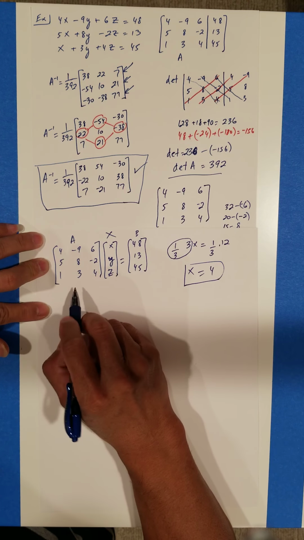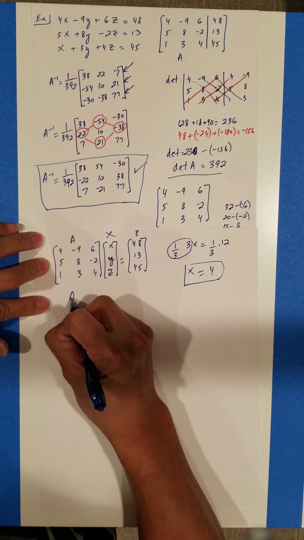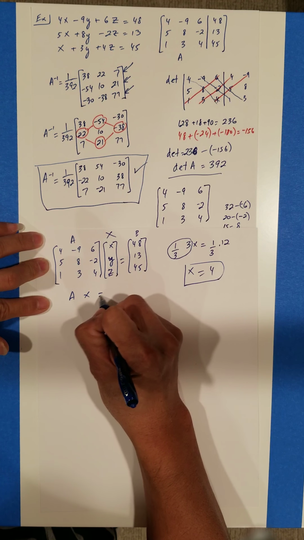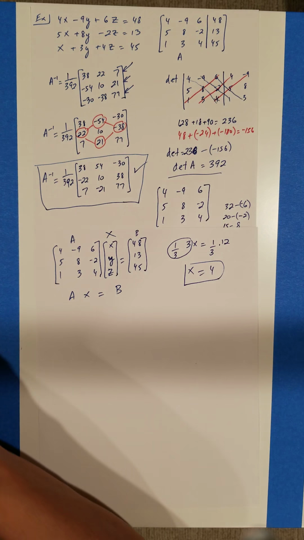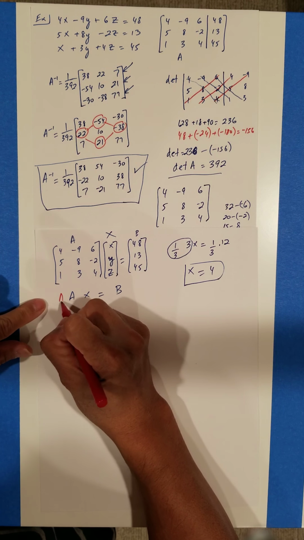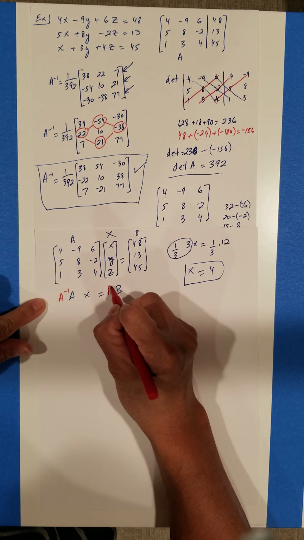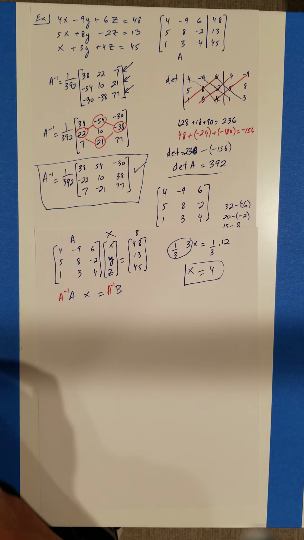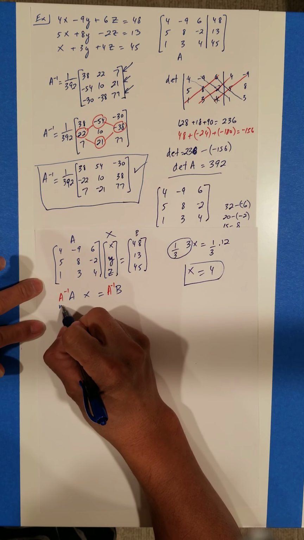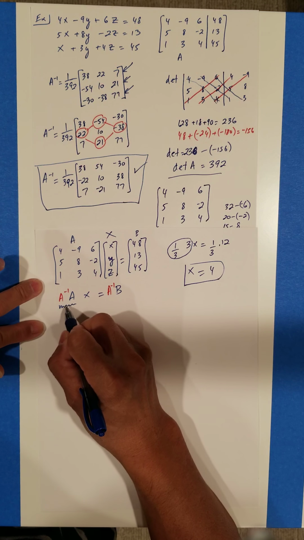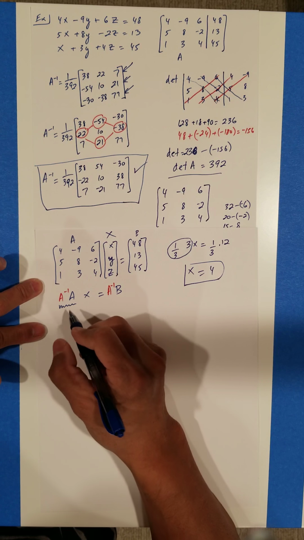So here's my original. What I'm going to do is multiply the inverse in the front on both sides. Because they're inverses, these two become 1. They basically just cancel.